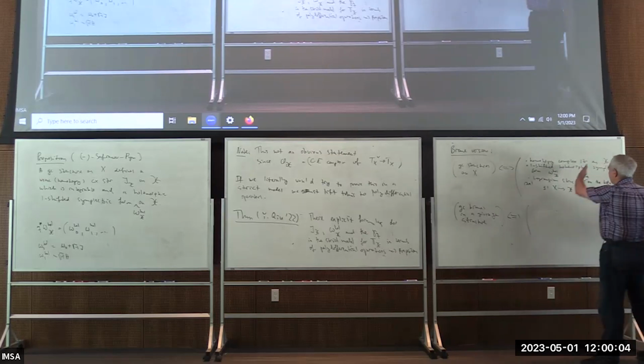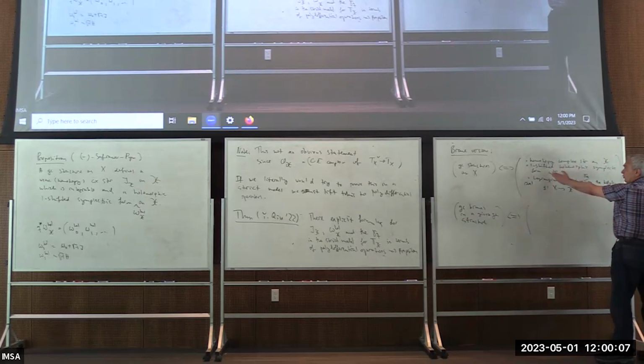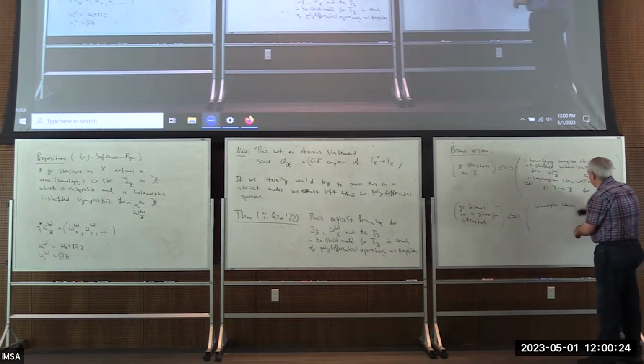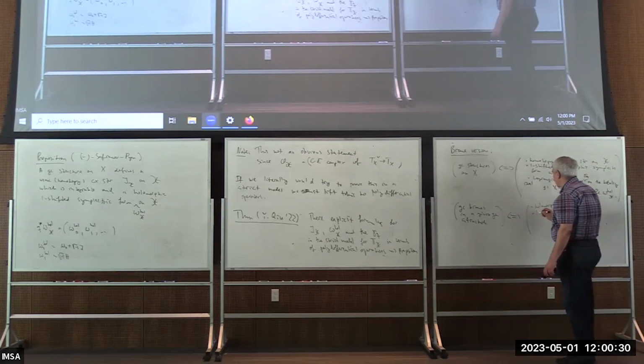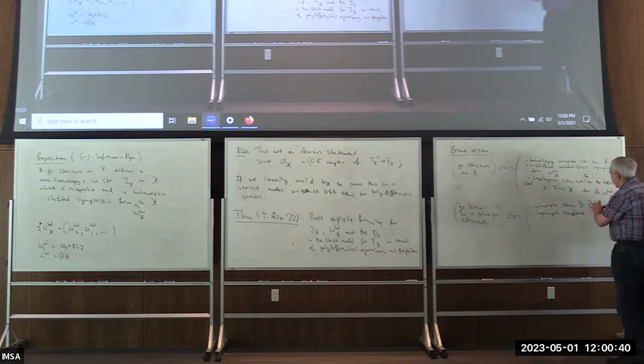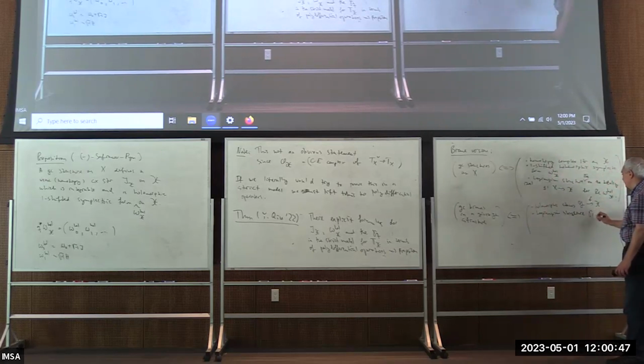The given GC structure is given: this X with its holomorphic structure, omega holomorphic, and the Lagrangian structure are given, and this will be a holomorphic stack script Y mapping to X, let's call it F because it's not necessarily an embedding, with a Lagrangian structure gamma F with respect to the holomorphic symplectic form.